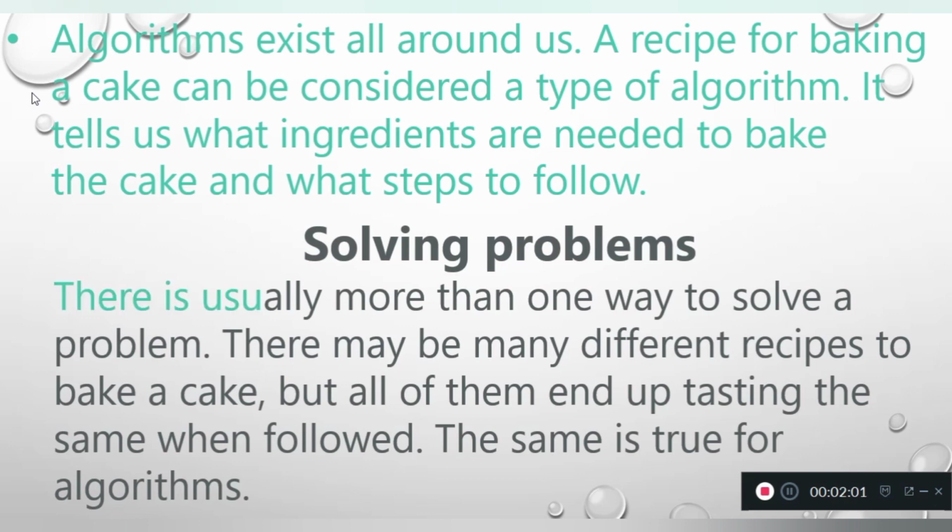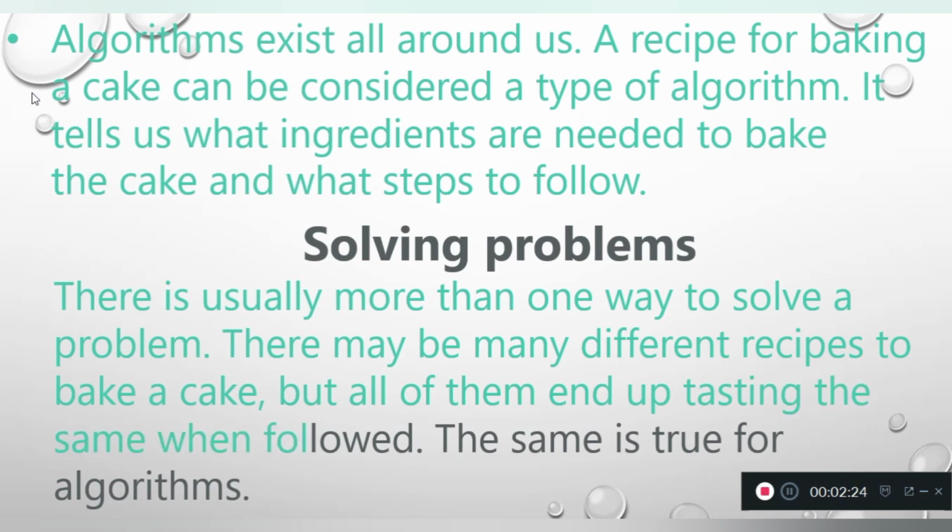There is usually more than one way to solve a problem. There may be many different recipes to bake a cake, but all of them end up tasting the same when followed. The same is true for algorithms.